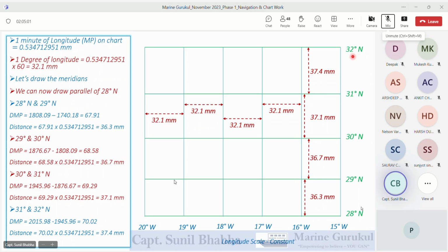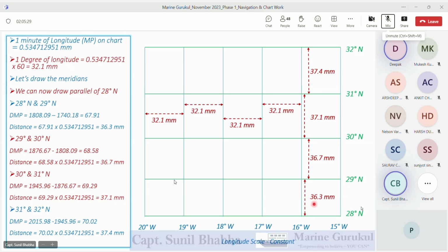So for this beta, keep it clear in your mind the definition of DMP. DMP is the difference of meridional parts, or number of times 1 minute of longitude can be placed between the two latitudes. So once you have the DMP and you have the length of 1 minute of longitude, the distance between any two parallels can be easily calculated.